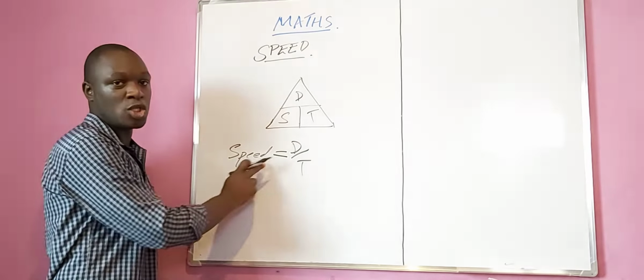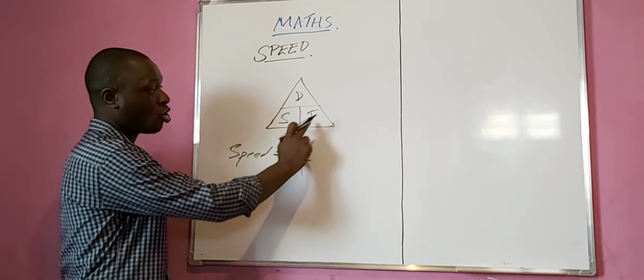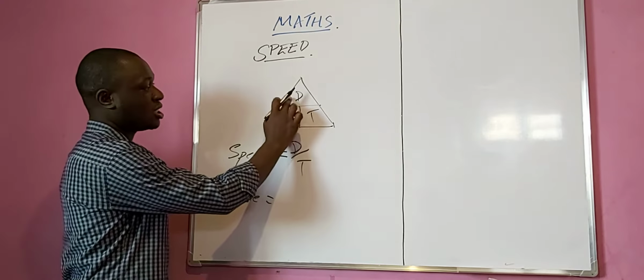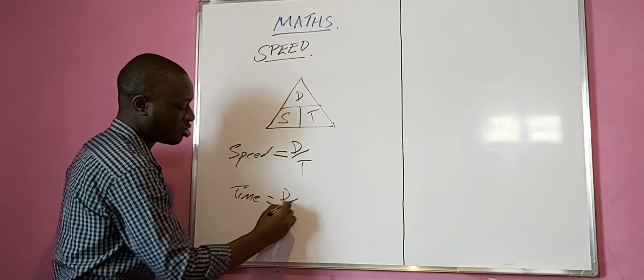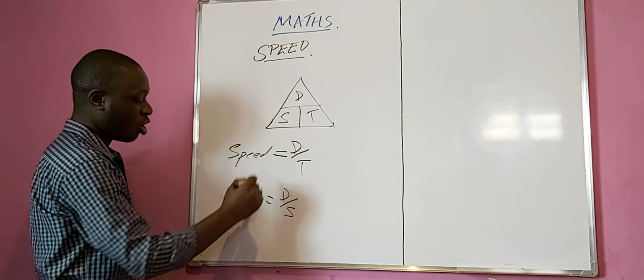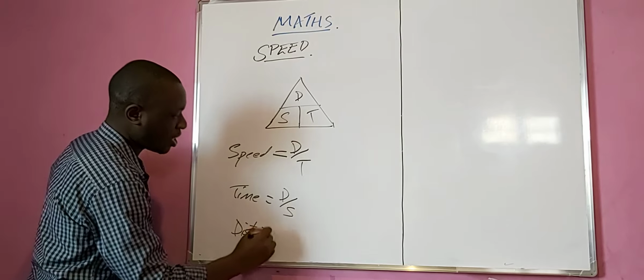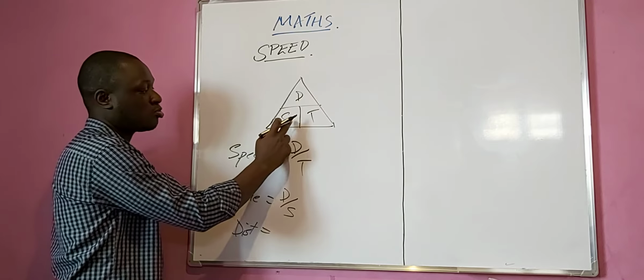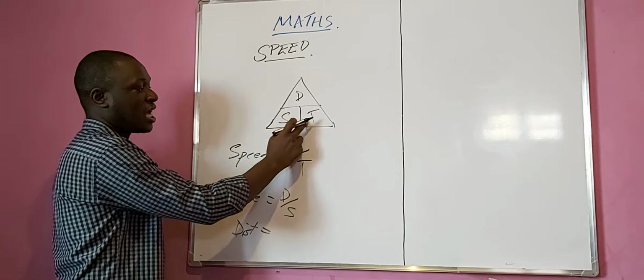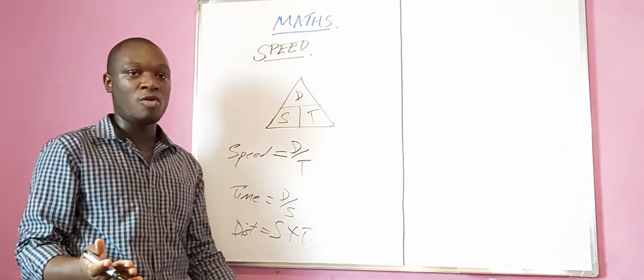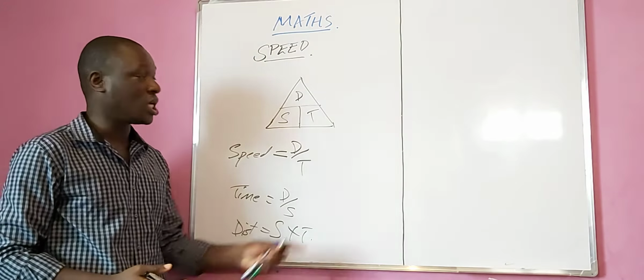So speed is equal to distance over time. And when you talk of time, then time is equal to distance over speed. And when you talk of distance, it will be speed times time. And that gives you the three formulas which are related to speed.